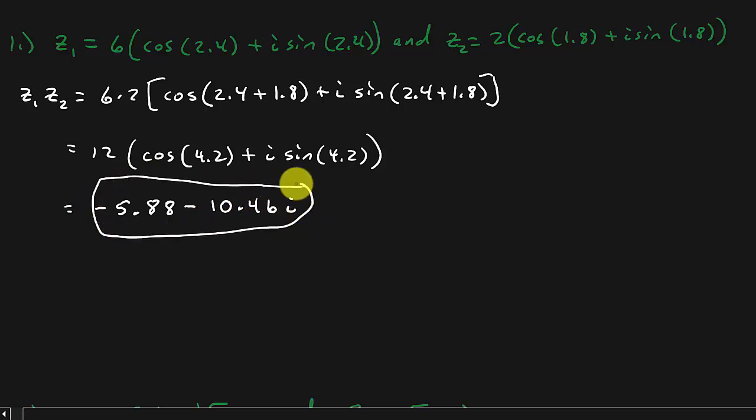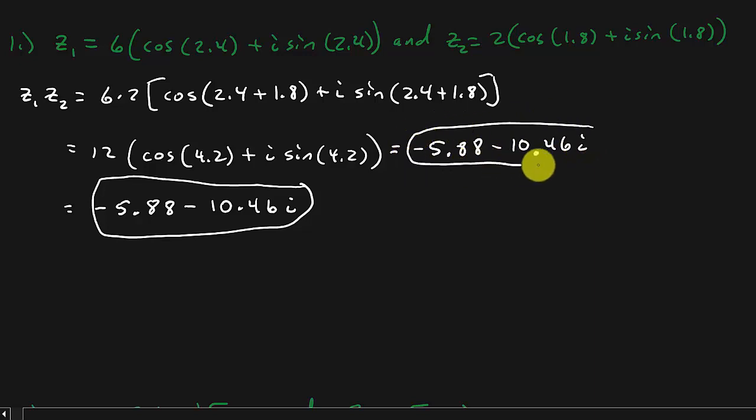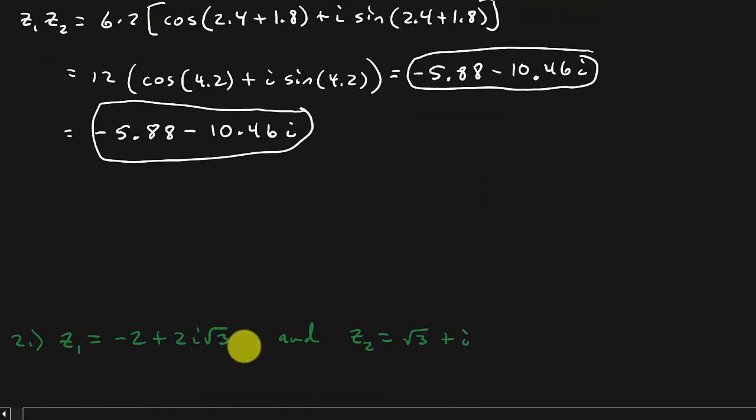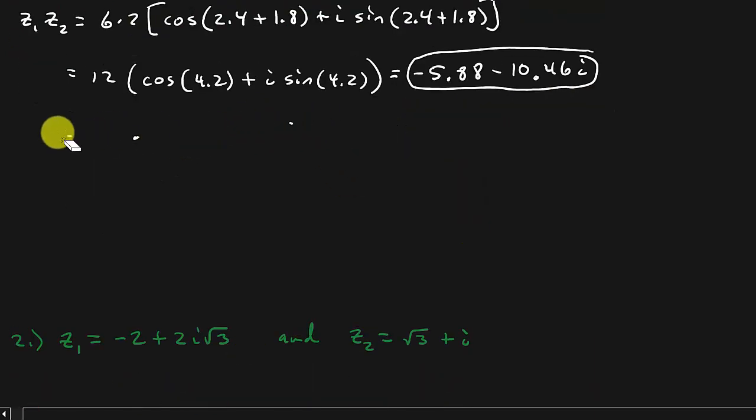And there's your answer. Let me write this up here so I'll have enough room to divide them. I can see that I might run out of room there, so let's just put the answer up there. All right, and that's all it is.